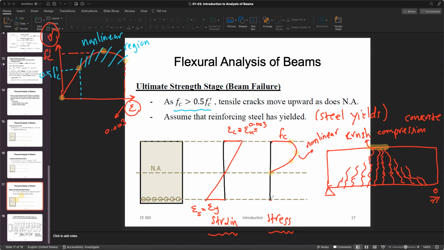What is going on for steel? For steel, you are reaching your yield strength, right? This is the yield strength of steel, and this is the yield strain.